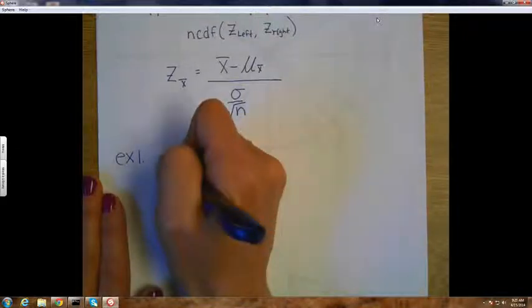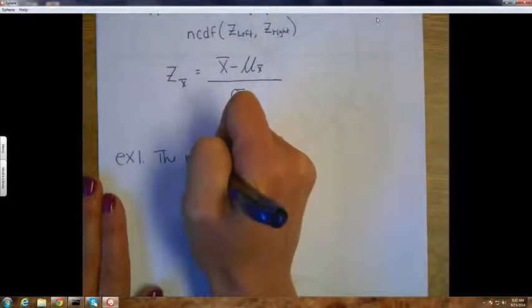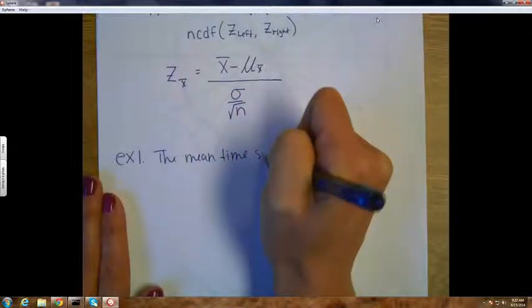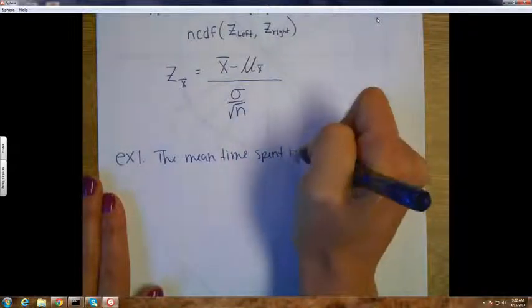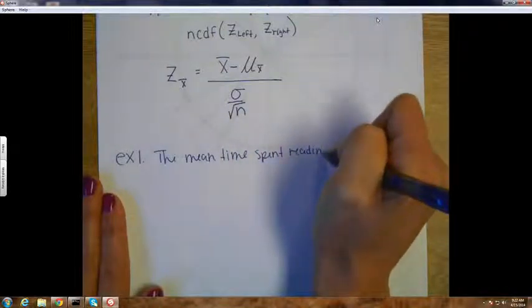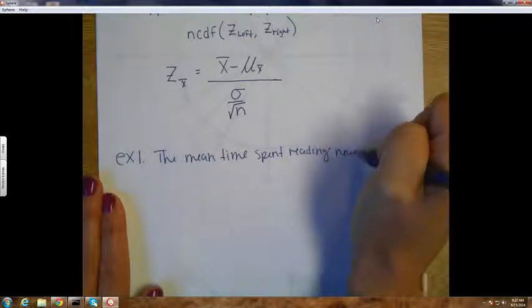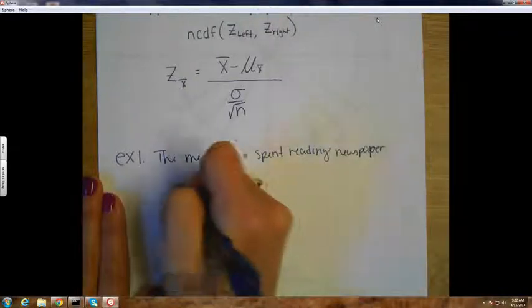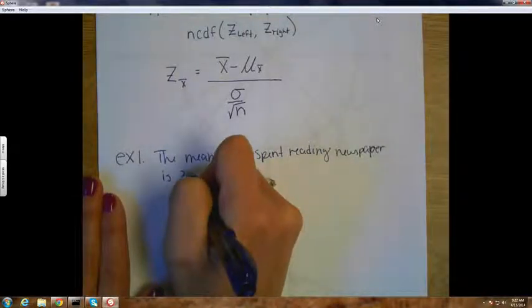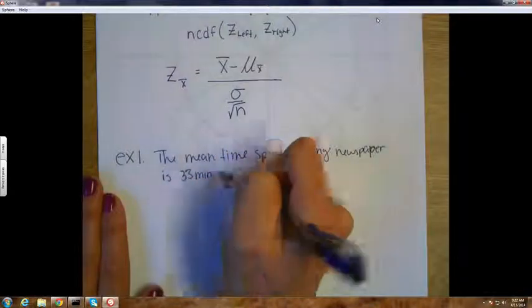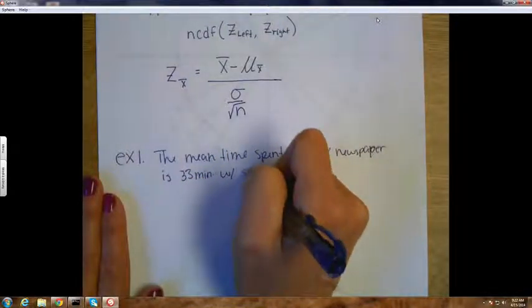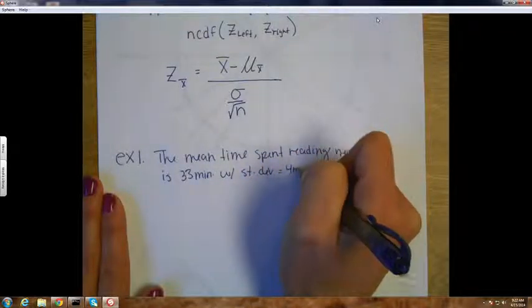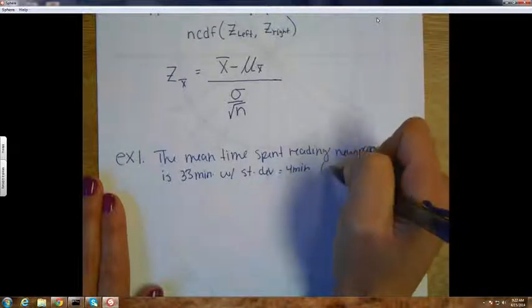So, the mean time spent reading the newspaper is 33 minutes with standard deviation equal to 4 minutes if you are ages 45 to 65.